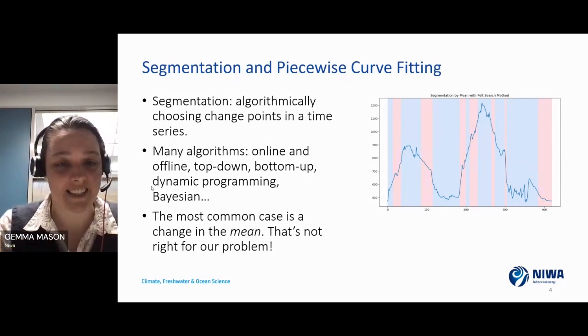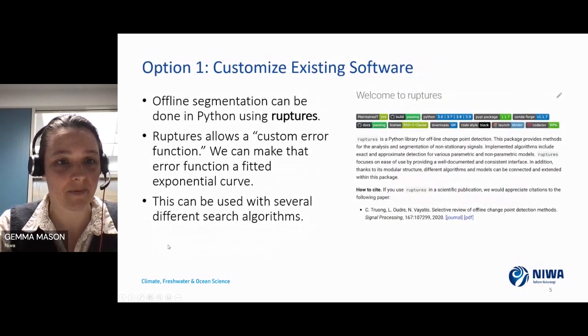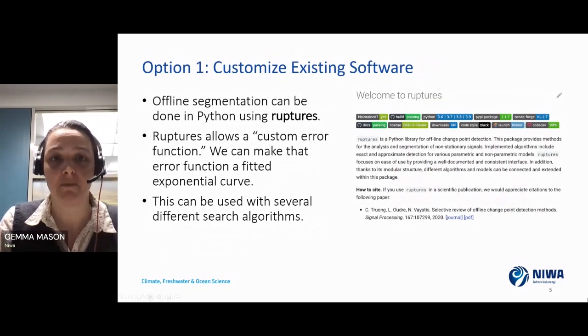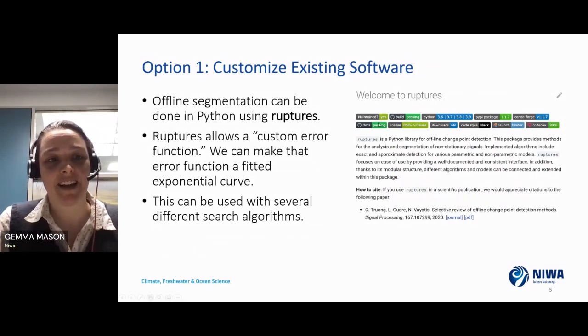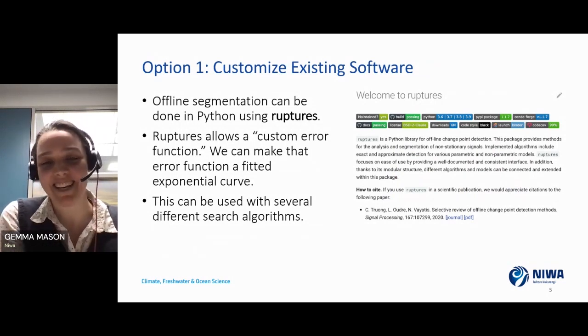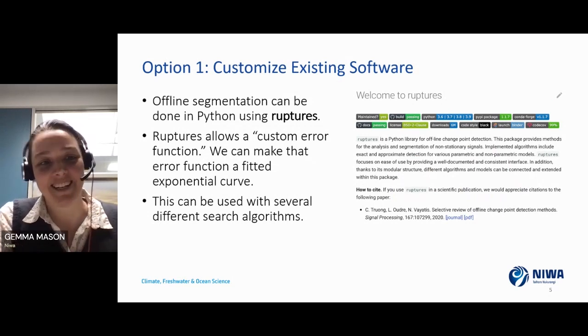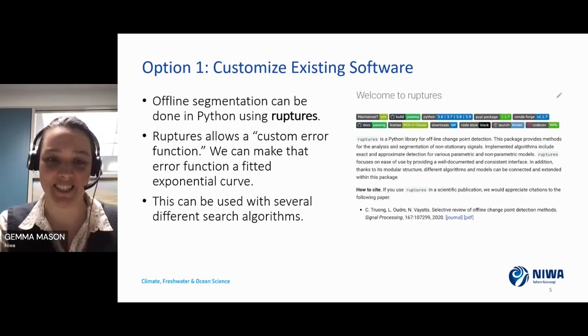So if we look at the next slide, we can customize this existing software, which is mainly set up to find changes in the mean of a time series, by creating a custom error function that just looks at your prospective subset and fits an exponential to it and then says, how good is the fitted exponential? And that's your custom error function.